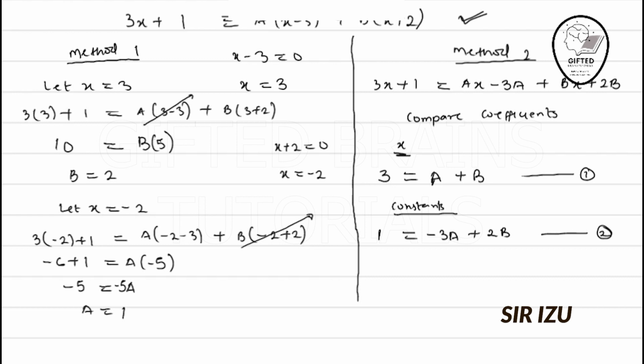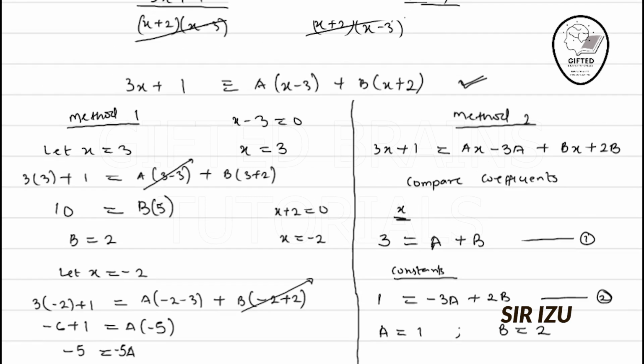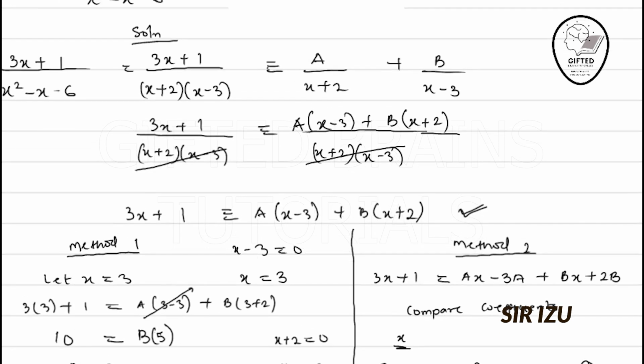I'm not going to show the steps, but if you solve, you will have a being equal to 1, and then b being equal to 2. So we are done getting our a and then b. The next thing again is to look back at the partial fraction we separated. You know, when we started, we said it is a over x plus 2.